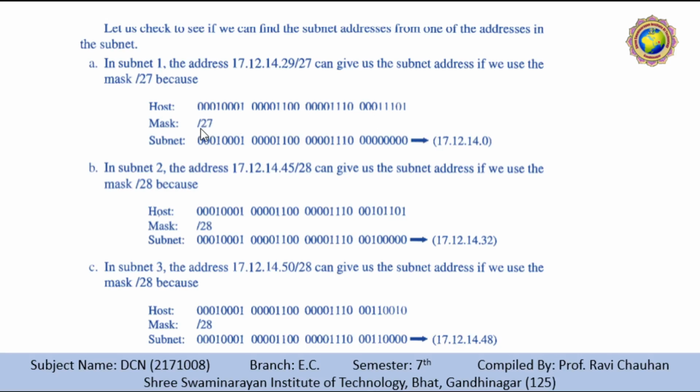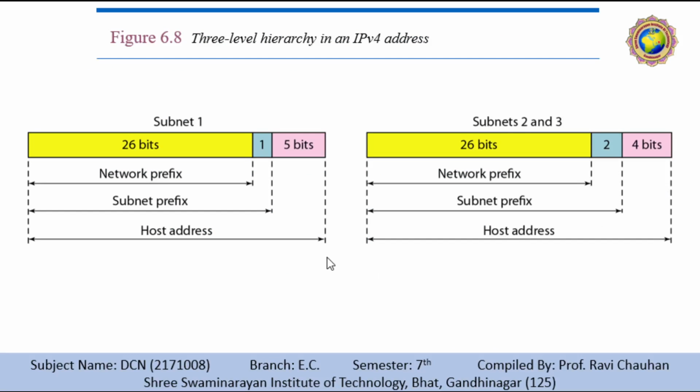The mask will be 27, and the subnet will be just like this. Note that applying the mask of the network /26 to any of the addresses gives us the network address 17.12.14.0/26.